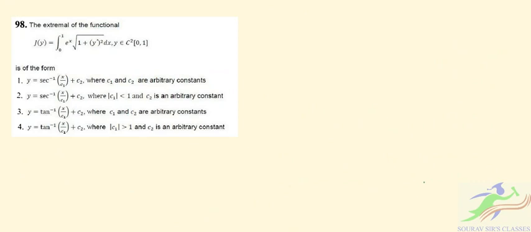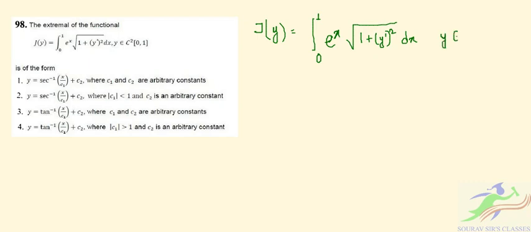Question number 98, we have to find the form of the extremal of the function. What is given is J of y equals integral 0 to 1 e to the power x, times 1 plus y prime whole square, dx, where y is in C2 closed interval 0, 1.